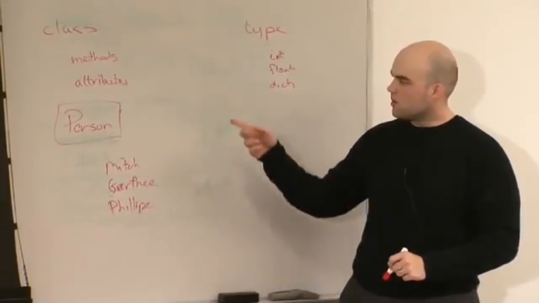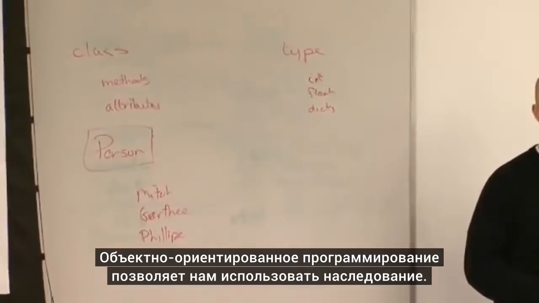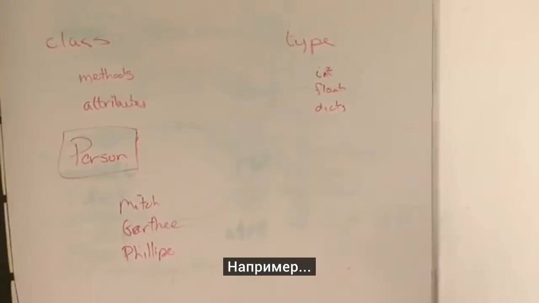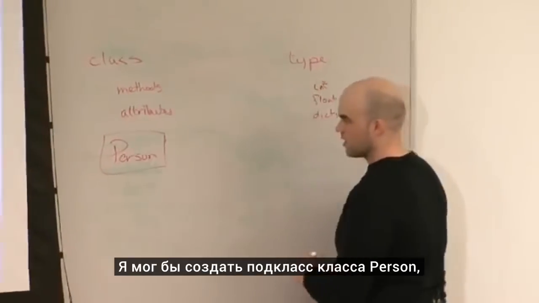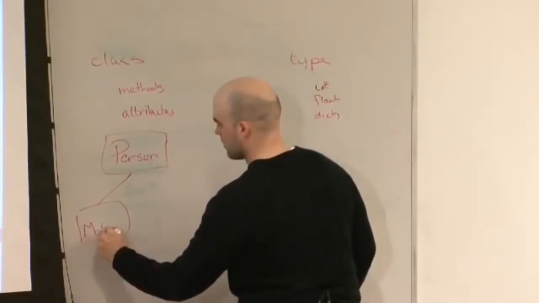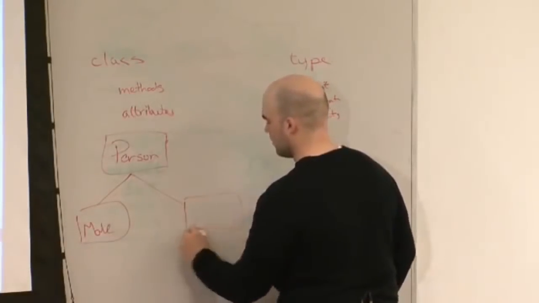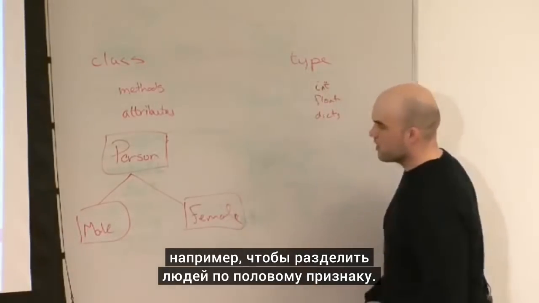So object-oriented programming also gives us something called inheritance, right? So I could think of, if I'm going along with my person analogy, I could think of subclassing person if I'm willing to draw a hard binary on the genders.